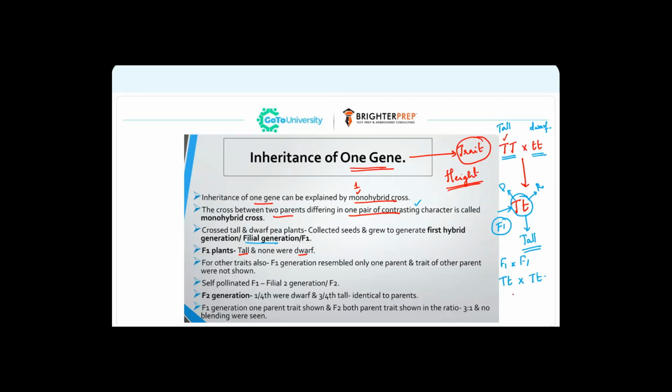What happened was the progeny had all three types. They were tall homozygous, they were tall heterozygous, and they also had the homozygous recessive genotype. Three types were there, so they had dwarf as well as tall characters.